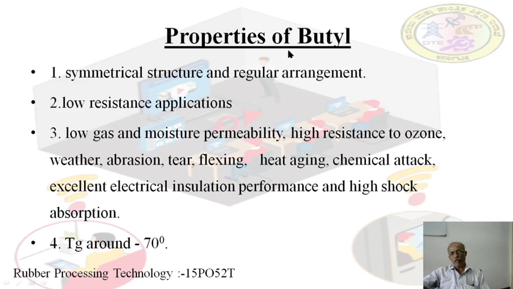Properties of butyl. Symmetrical structure and regular arrangement. Second point, low resilience. Third, low gas and moisture permeability, and high resistance to ozone. Since it has very low moisture and gas permeability, it has been used largely in the tire industry as inner tubes, or automotive tubes.